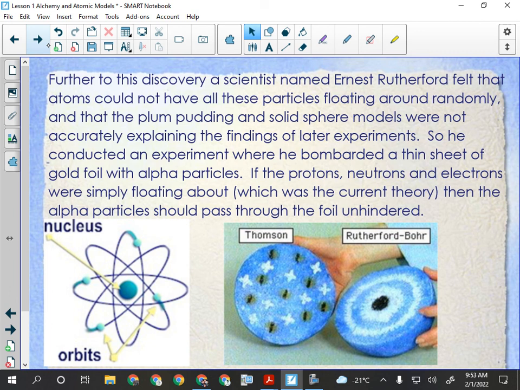Okay? And what he did is he shot X-rays essentially at it. Now, if atoms were solid spheres, when the X-rays would hit that gold foil, okay, they should bounce back. If atoms are mostly empty space, the X-rays should go right through. Okay, was kind of his reasoning.